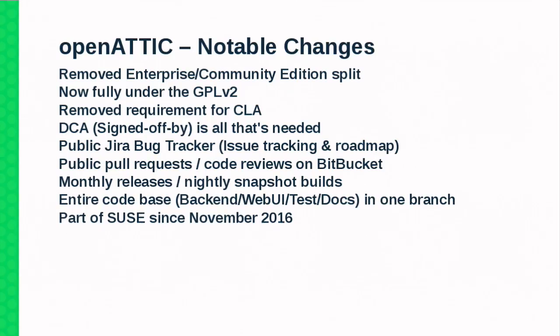There were a number of other changes. Before, things like our QA and tests and the documentation and the web UI were all scattered across multiple source code repositories, which made cutting a release quite hard because you had first to assemble all the various pieces, consolidate them, and run an additional number of tests on them after you've made the integration.